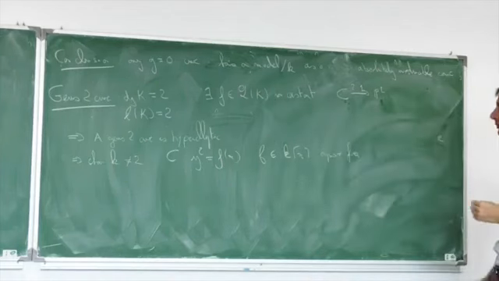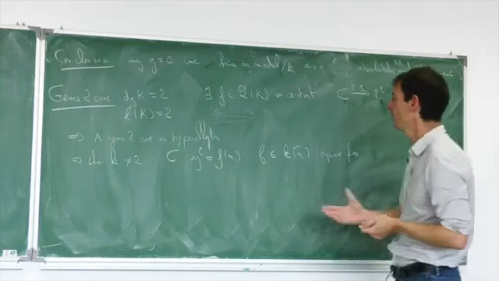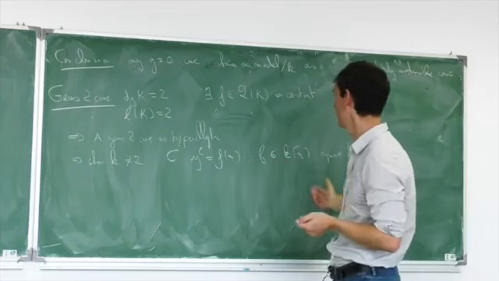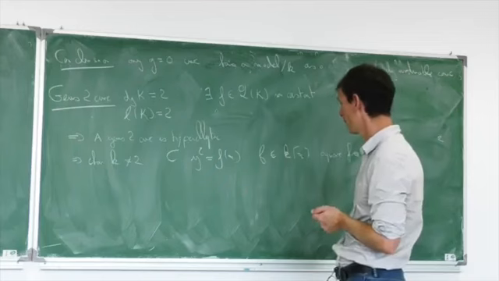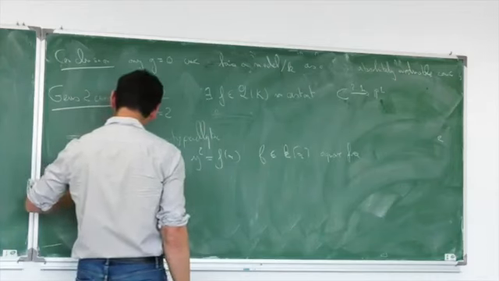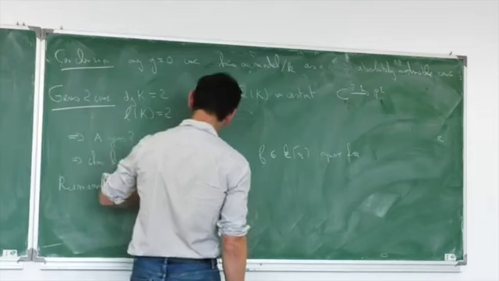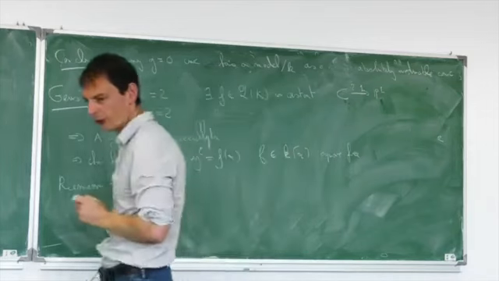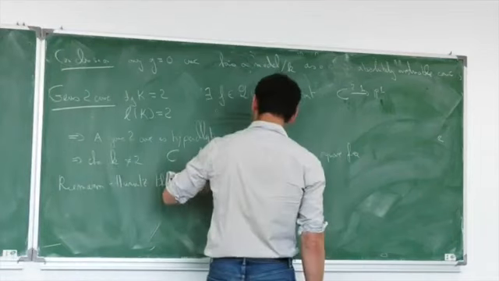Can I go further? Because we have seen that this is like an infinite dimensional family. f can be of degree as big as you want, and this is not coherent with what we want for the genus. And indeed, you can go a bit further, and then I invoke another result, which is the Riemann-Hurwitz theorem. It is a very nice one. You have the statement and the proof in the notes. This is theorem 4.3.1.